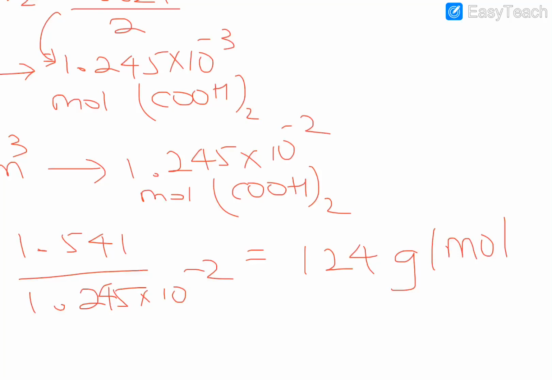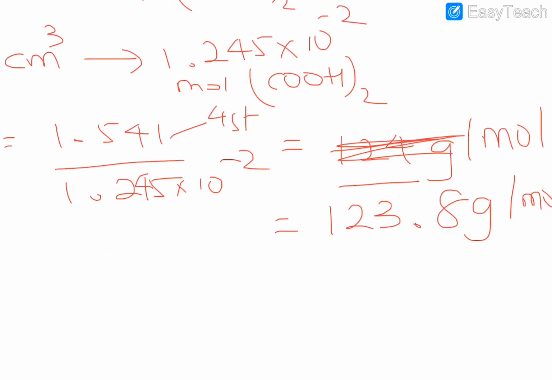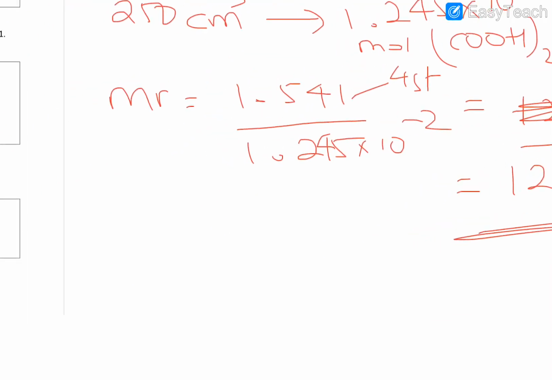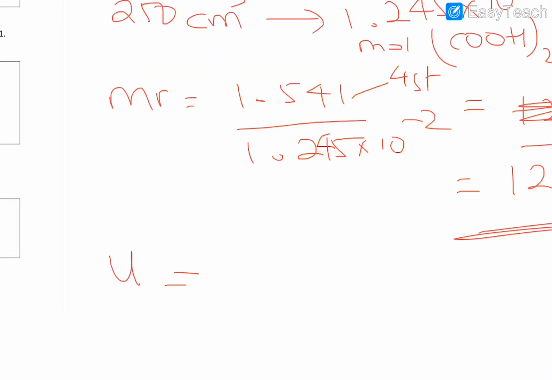Okay, so that's the Mr, and I'm giving the Mr here to 4 SF. So yeah, my answer should be to 4 SF actually. 123.8 gram per mole. Okay, but the SF here is not really important. Let's find the percentage uncertainty, and let's find the uncertainty, and then we'll see how many SF. So the uncertainty, because we already calculated percentage uncertainty is 2%.